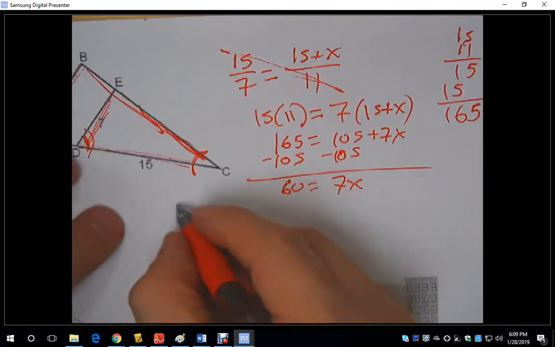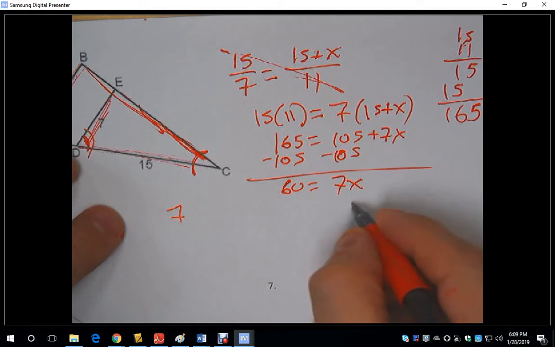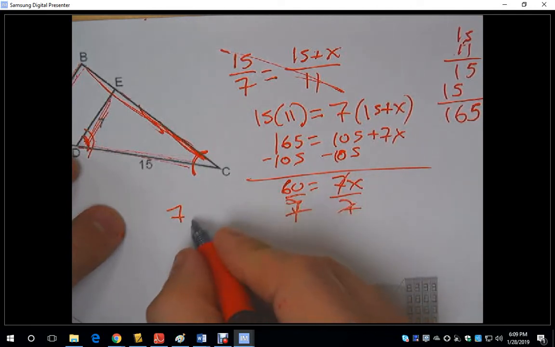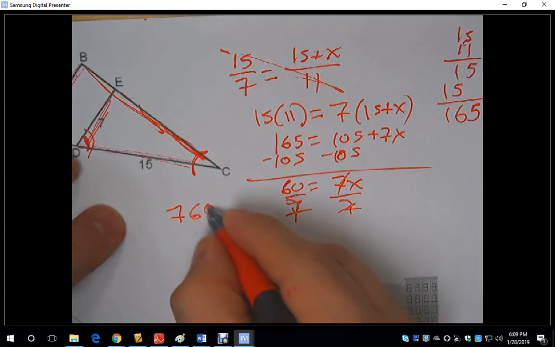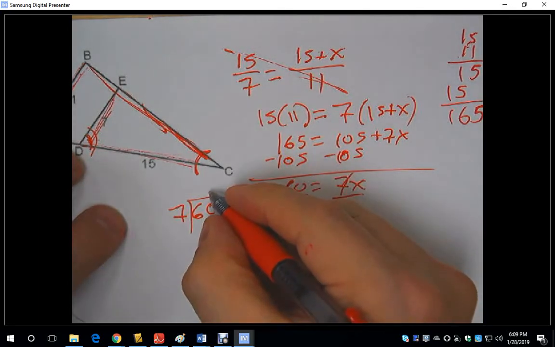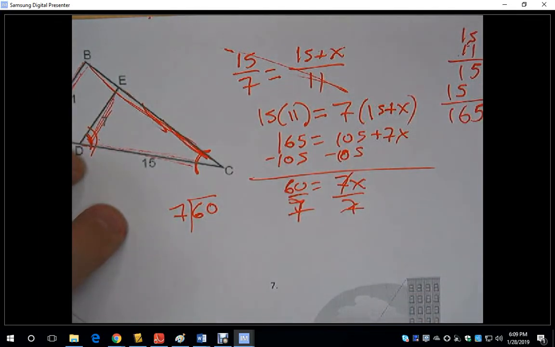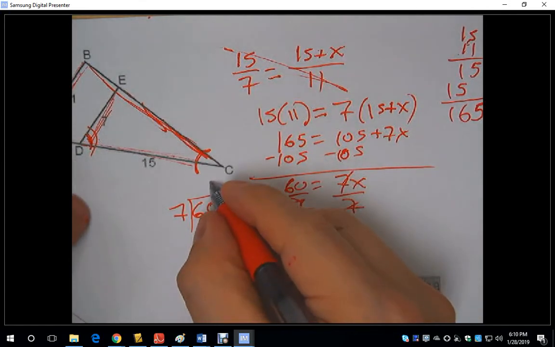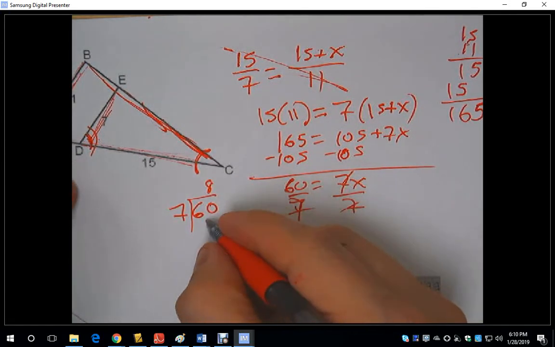I'm going to divide both sides by 7 to get x by itself. How many times does 7 go into 60? Maybe 9 times, nope, it would be 8. 8 times 7 is 56.